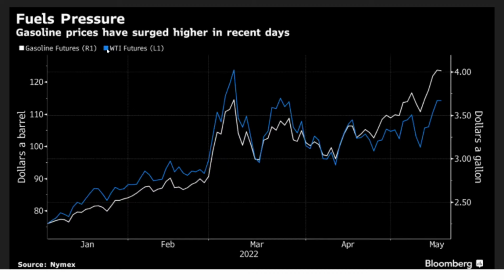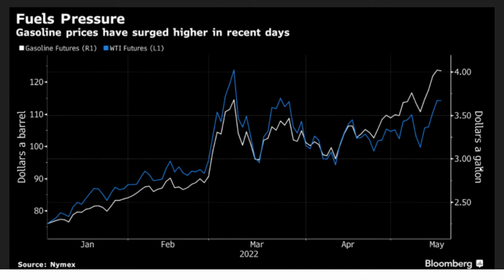And then fuel pressure, gasoline prices have surged high in recent days. So you have your WTI futures and gasoline futures. Again, you can see that in line together, seeing that appreciation in gasoline and fuel prices altogether. Again, the more demand that there is, the more expensive it's going to become to provide that energy.